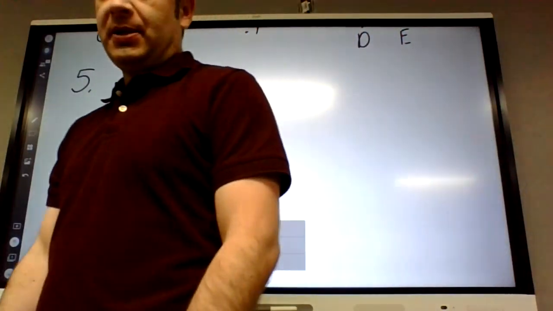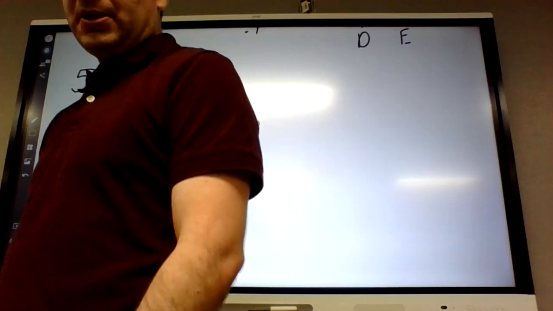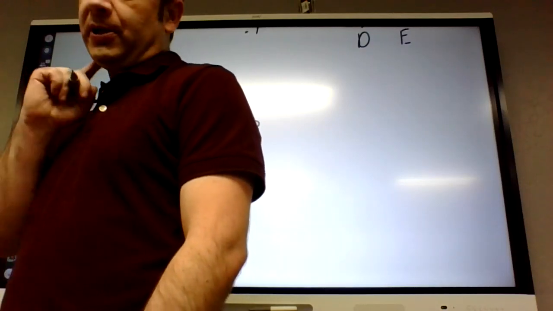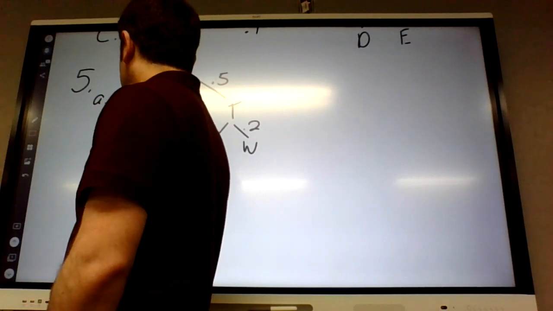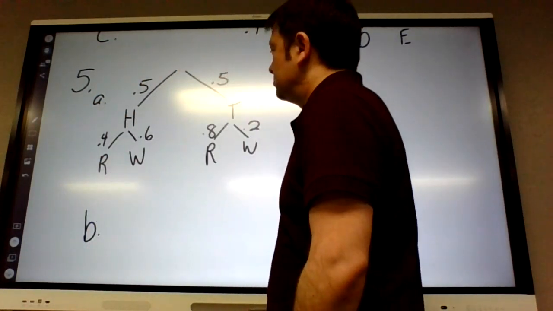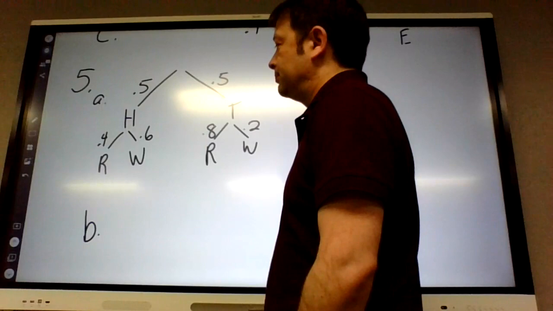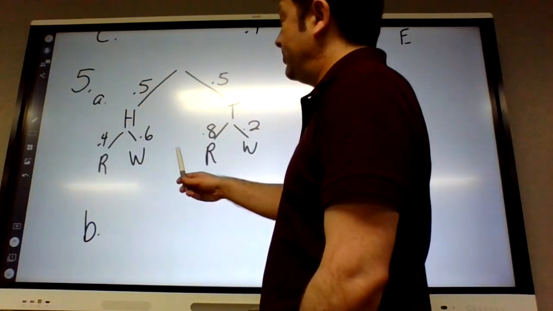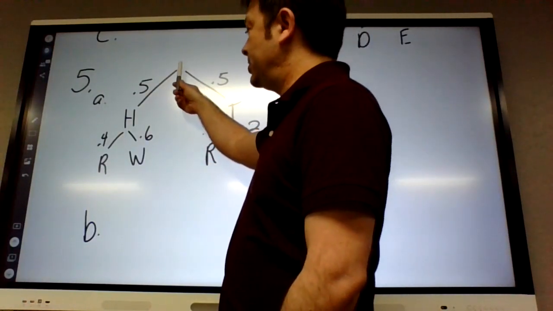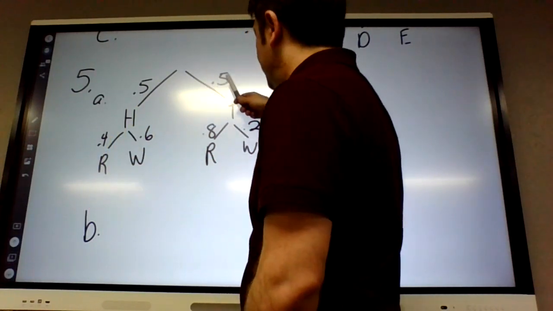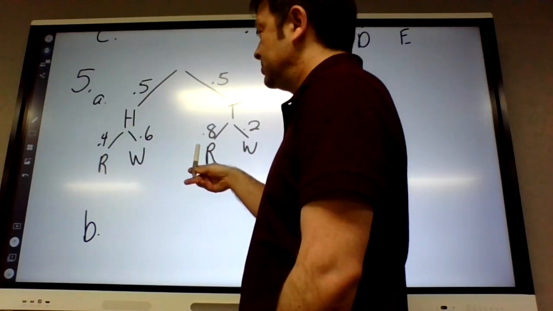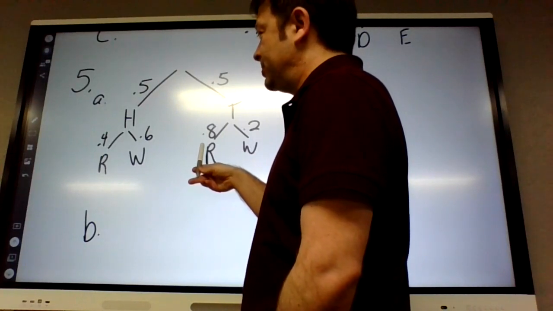Alright, and then B, find the probability of picking a red ball. Do you multiply 0.4 times 0.8? No. So getting a red ball could happen 2 ways, right? We could flip a heads and then choose a red, or we could flip a tails and choose a red. So how would we find those probabilities?